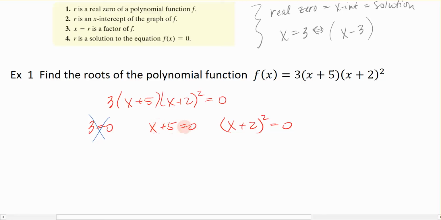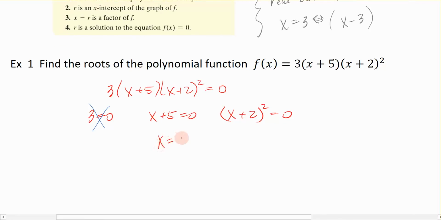Here I have the next equation that says x plus 5 equals 0, so subtract 5, and we find out that we have a root or an intercept or a solution at x is equal to negative 5. The third one that we're going to solve down here says (x plus 2) squared equals 0. We're going to take the square root of both sides, because I have a squared term equal to a constant.